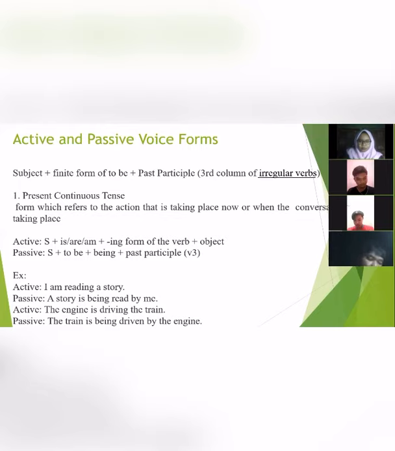Passive: subject plus to be plus being plus past participle, verb 3. Example, active: I am reading a story. Passive: a story is being read by me. Active: the engine is driving the train. Passive: the train is being driven by the engine. Next.